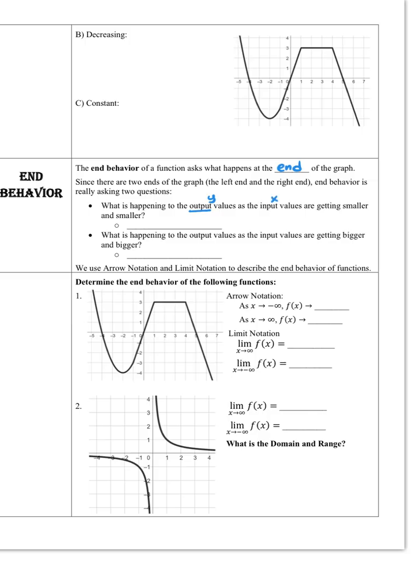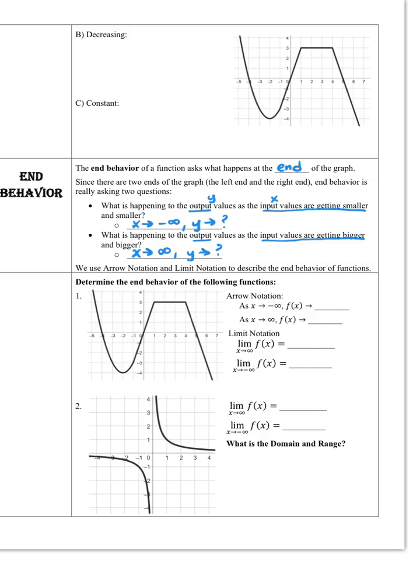So we would say as x goes to negative infinity, because the input values are getting smaller, what is the y doing? Y is going to something. And then it's also asking what's happening to the output values as the input values are getting bigger. So as x goes to positive infinity, what is y doing? Okay?